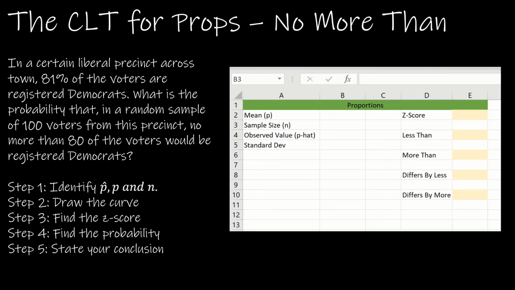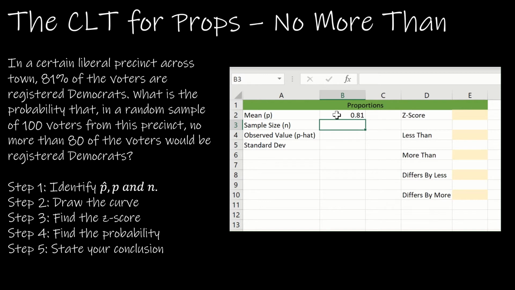Let's take a look at the same question now, doing everything we can in Excel. So this one's going to be a little bit more involved than the means question we just looked at, because we have to do a little bit more calculation. So you can make your input values as simple or complex as you'd like. It really depends on your strategy. For the mean, remember that's the p-value, so that's just the 0.81 that we're given, and make sure you do enter it as a decimal.